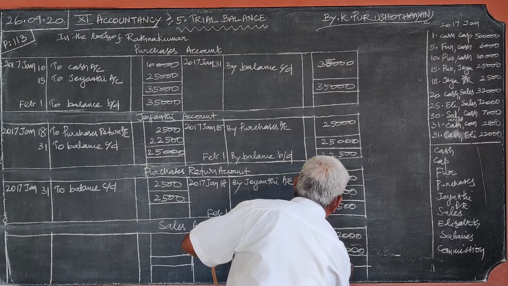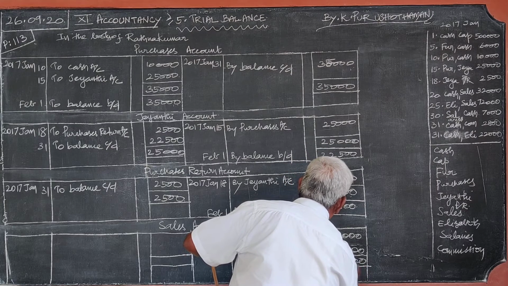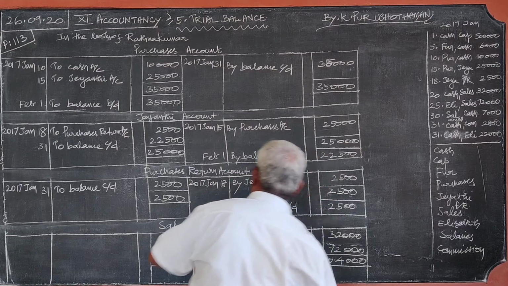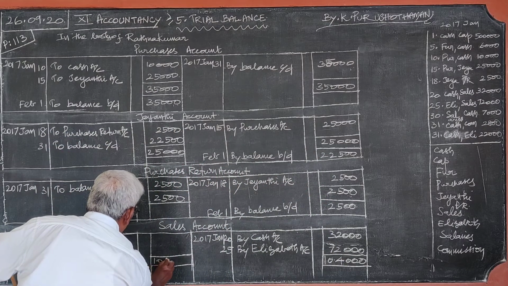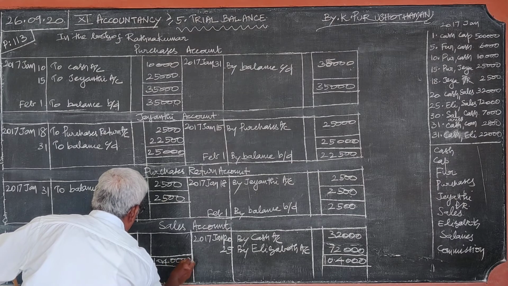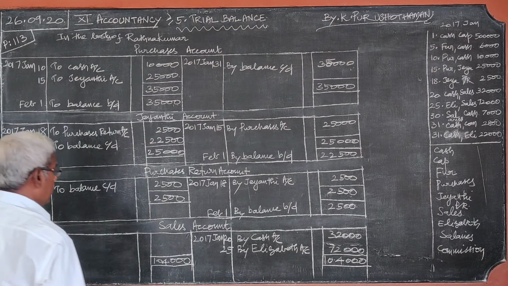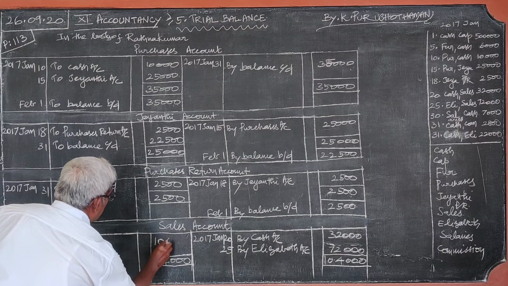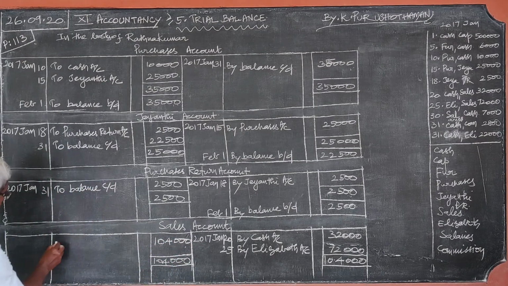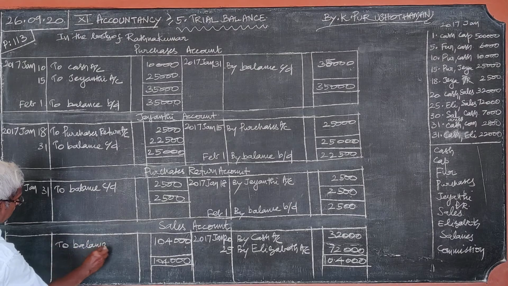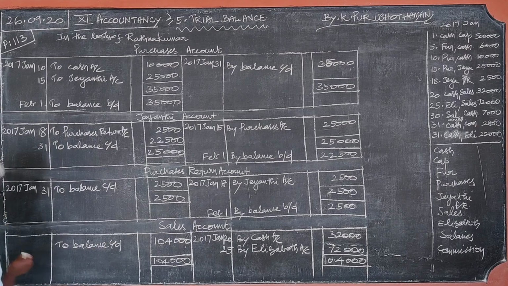Here 1,04,000 is the greater total. Here 0, therefore you write the greater total, 1,04,000. What is the missing amount? The entire 1,04,000 is missing. Against the missing amount you write by balance carried down, 2017 January.